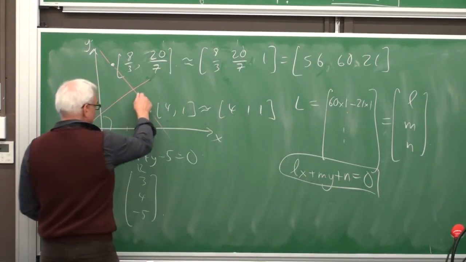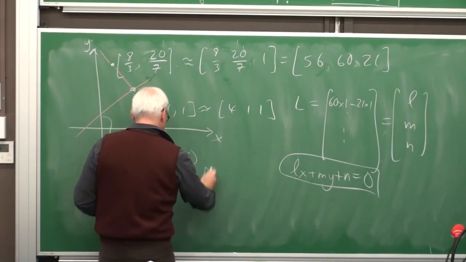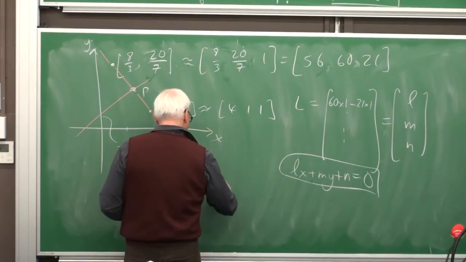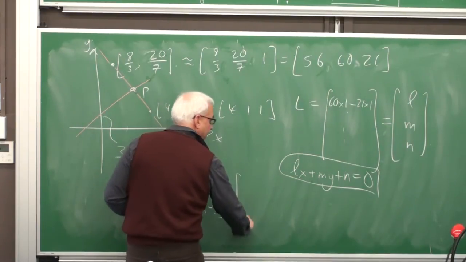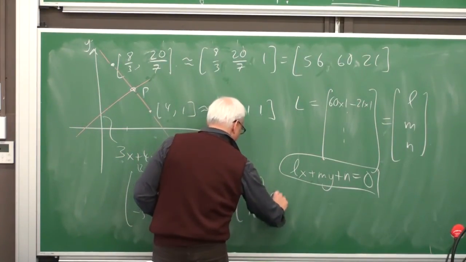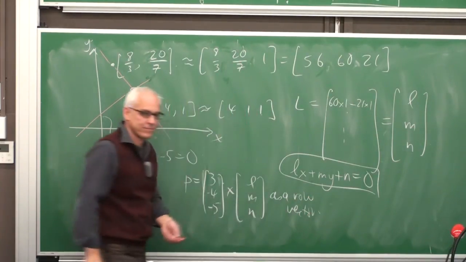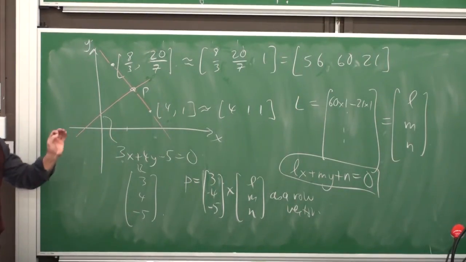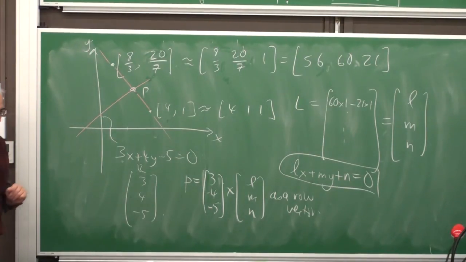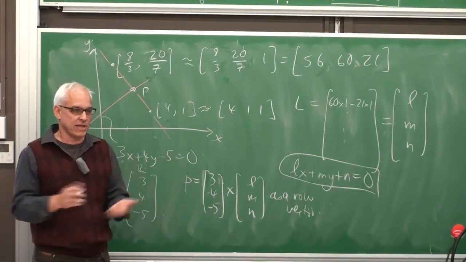So this point, let's call it P, would be the row vector 3, 4, minus 5, cross L, M, N, as a row. So the basic computations of joins and meets are all just cross product calculations. Once you get your little routine going for a cross product, you just invoke that routine whenever you need to do one of these calculations.